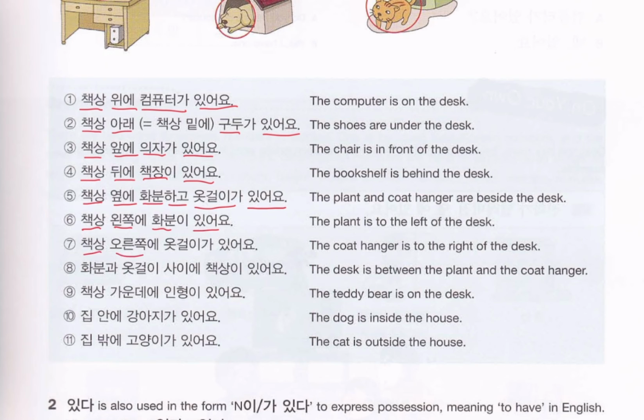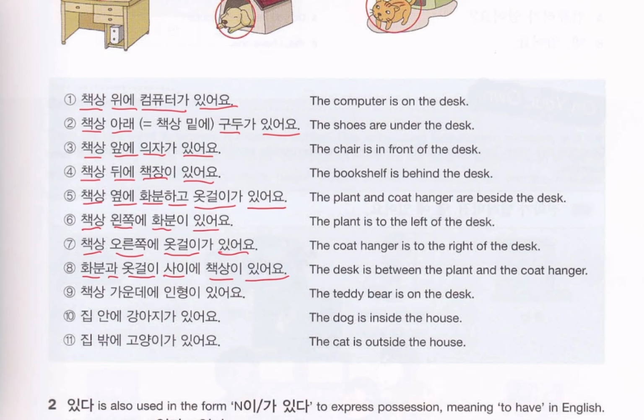책상 오른쪽 is right side. 옷걸이 is hanger. 있어요, have. 책상 오른쪽에 옷걸이가 있어요. The hanger is to the right of the desk. 화분 과 is also and. 옷걸이 사이 is between. 책상이 있어요.